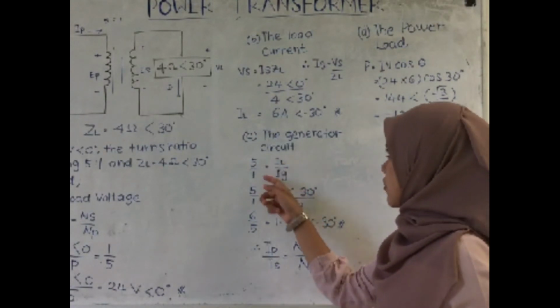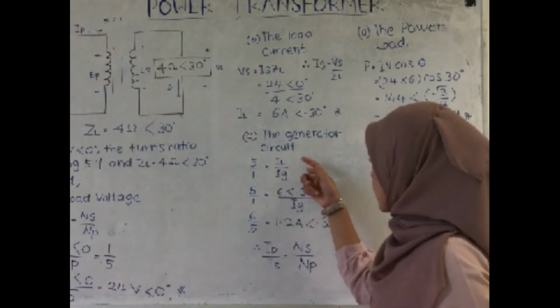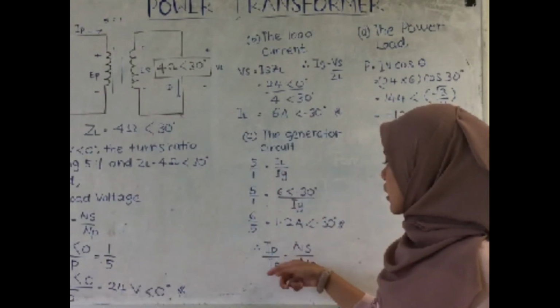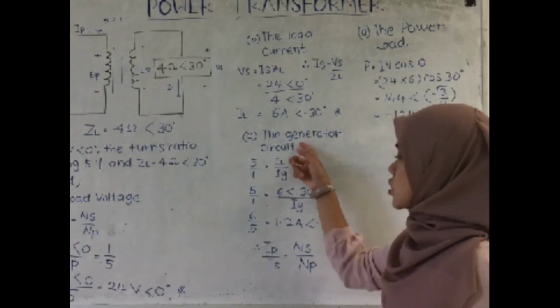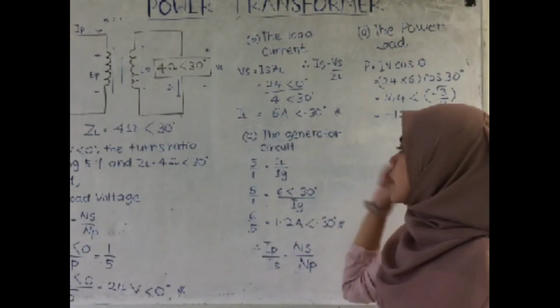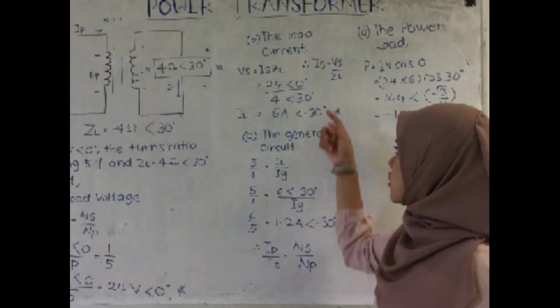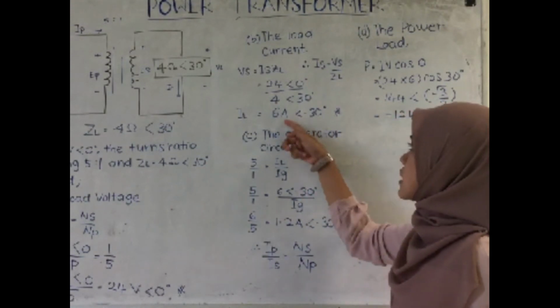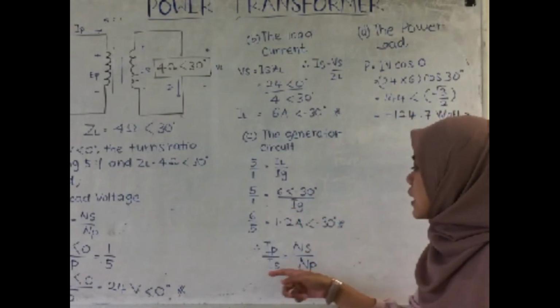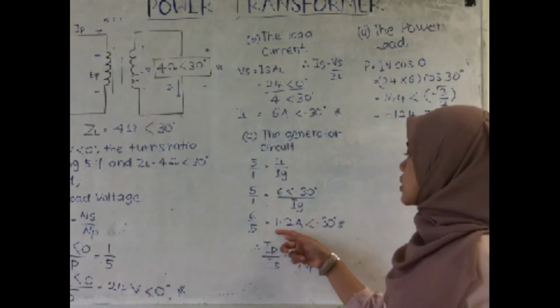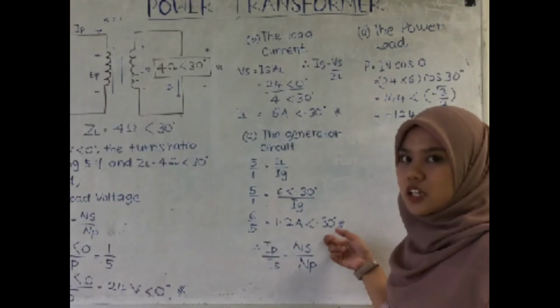Turns for secondary is 5 to 1. For current IP and IS we change to IL over IG, because we want to find the generator. IL we already got, which is 6 ampere and negative 30 degree. So we just insert and we get this answer, which is 1.2 ampere and negative 30 degree.